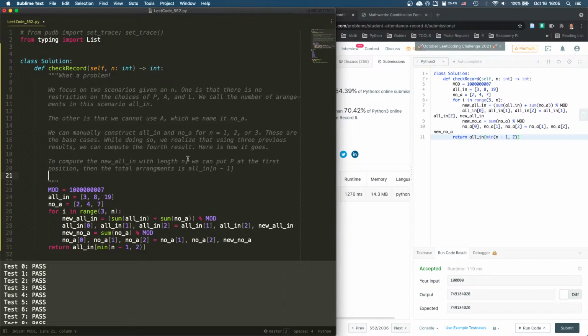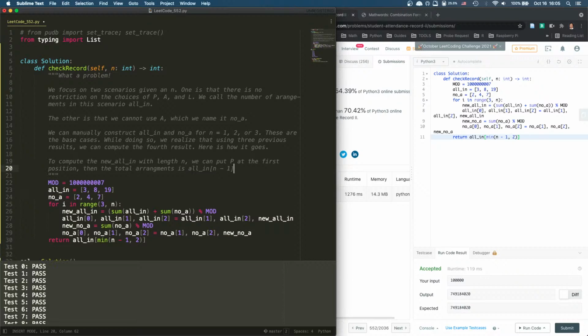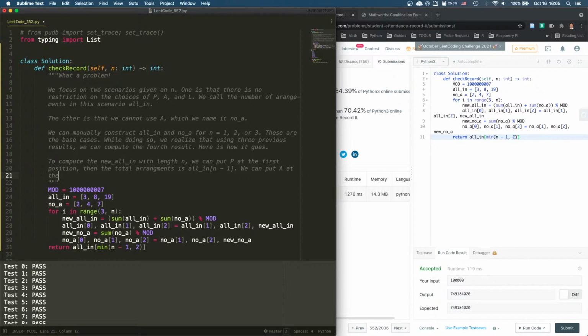We can put A in the first position. Then the total arrangement is no A n minus 1.